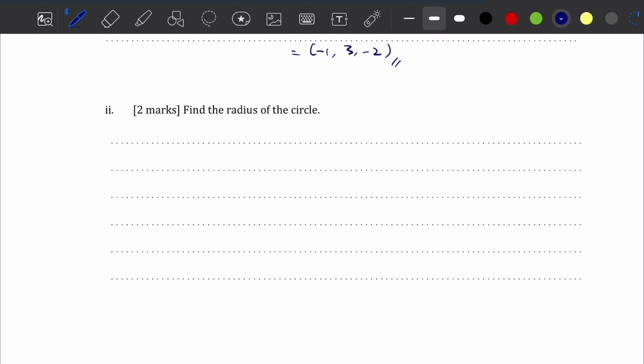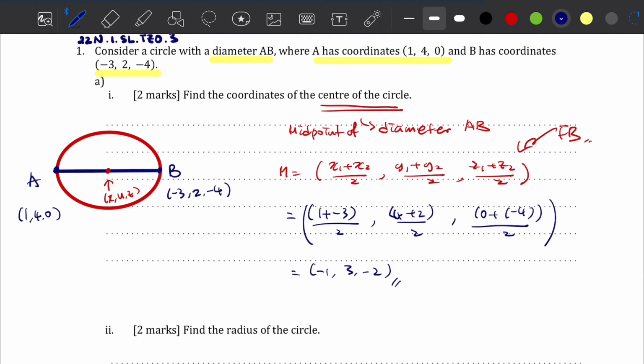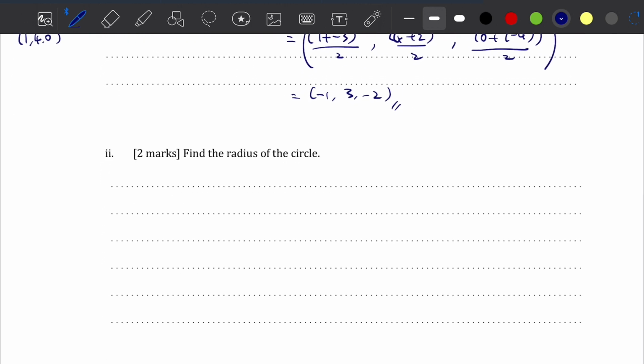Question B, we need to find the radius of the circle. So actually this is the second part of question A. We know diameter AB's coordinates, right? Points A and B. So we first have to calculate the length of the diameter AB, and divide that by 2 to calculate the radius of the circle.